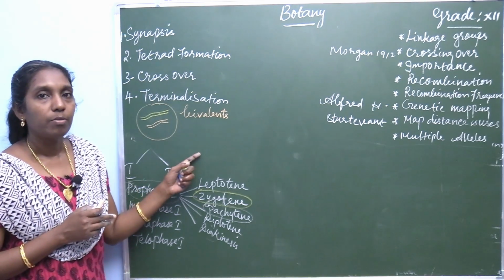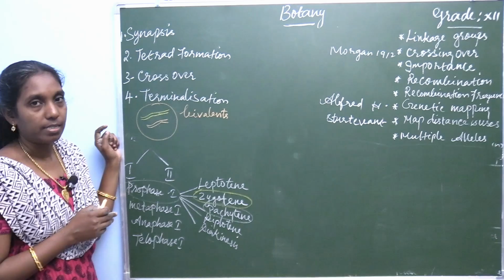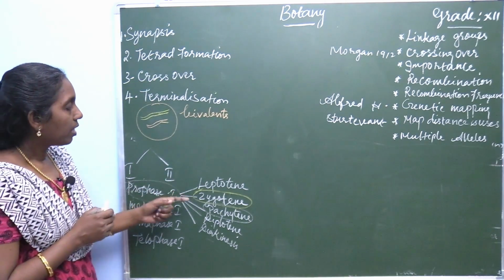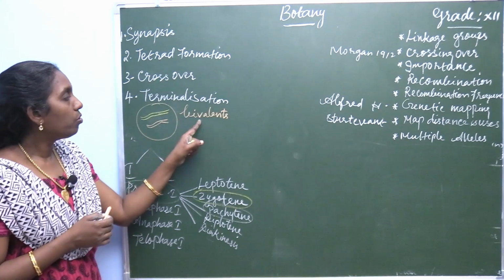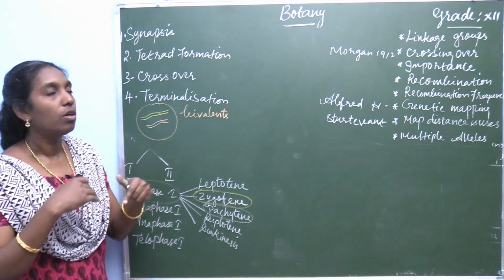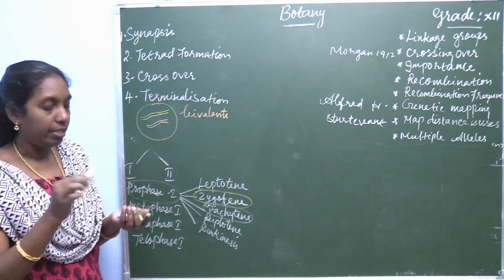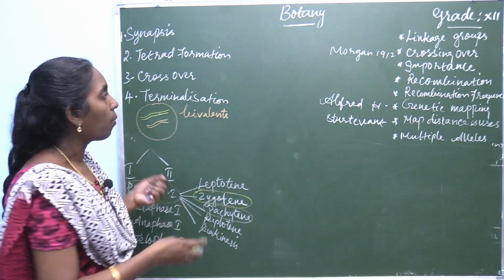So bivalent formation occurs during synapsis. Then what is the next stage? The tetrad formation. After producing this bivalent, the chromatids produce a tetrad. A tetrad consists of 4 different chromatids.